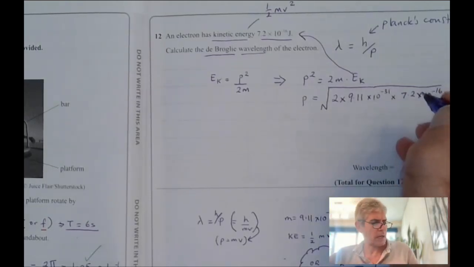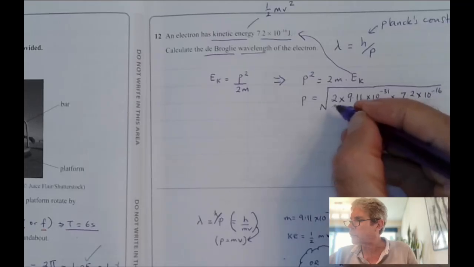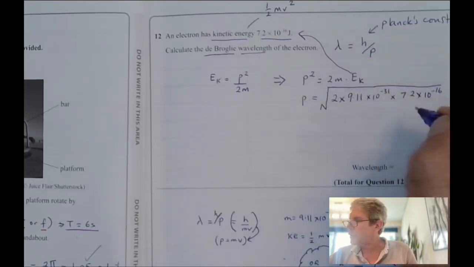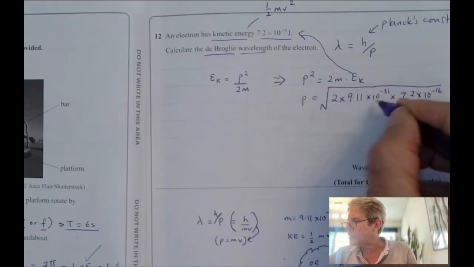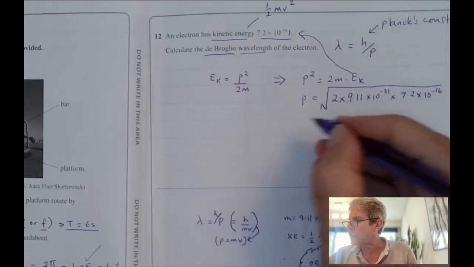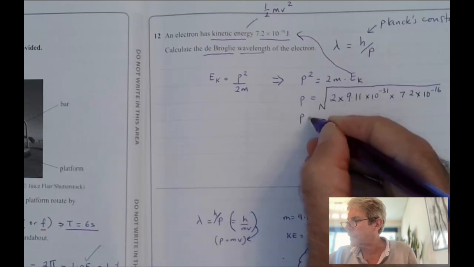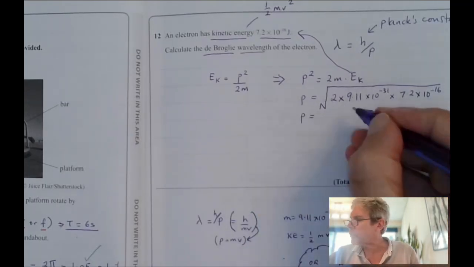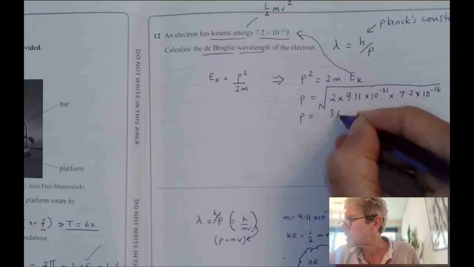So once you have put in the 2, the 9.11 times the mass of the electron, multiplied by the energy, you can square root it. The value for P, if you calculate it correctly, will be approximately 3 significant figures.